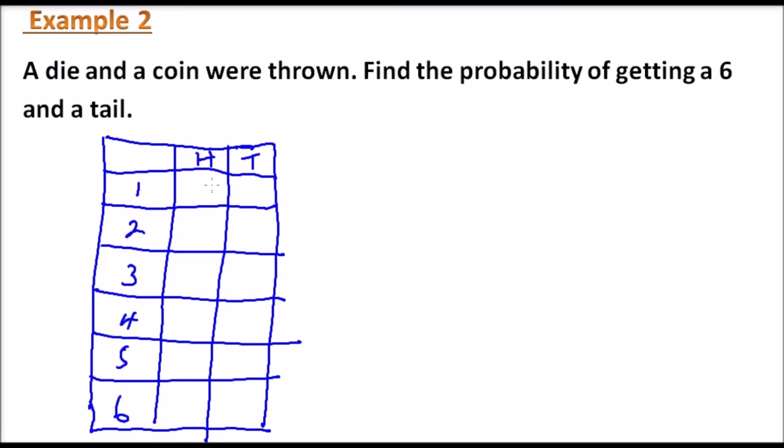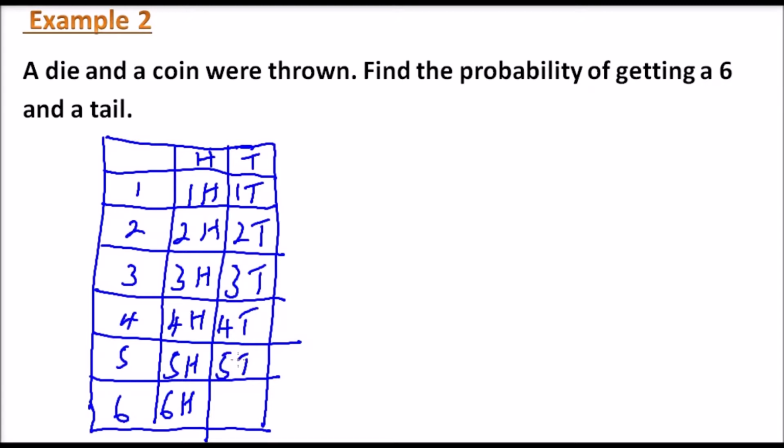So one option is 1 and the head, 2 and the head, 3 and the head, 4 and the head, 5 and the head, 6 and the head. Then we have 1 and tail, 2 and tail, 3 and tail, 4 and tail, 5 and tail, 6 and tail.